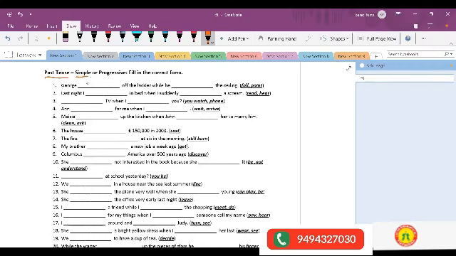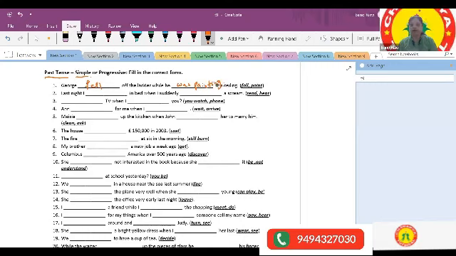George fell off the ladder while he was painting the ceiling. While he was painting the ceiling. Was painting. Great. Okay, now Abhinav, your turn. What is the next one? Last night I was reading in bed when I suddenly heard a scream.